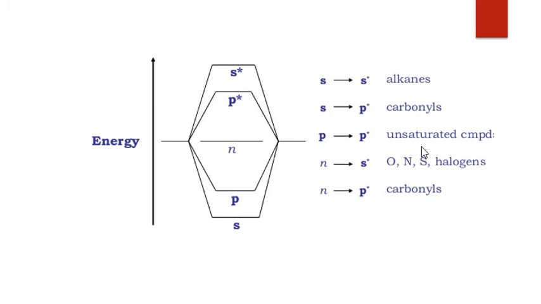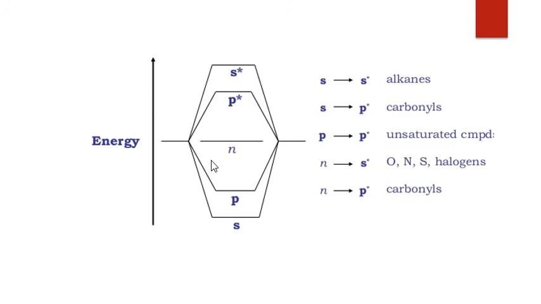And n to sigma star transitions mean non-bonding to sigma star. These occur in molecules possessing lone pairs of electrons, and n to pi star occurs in carbonyls.